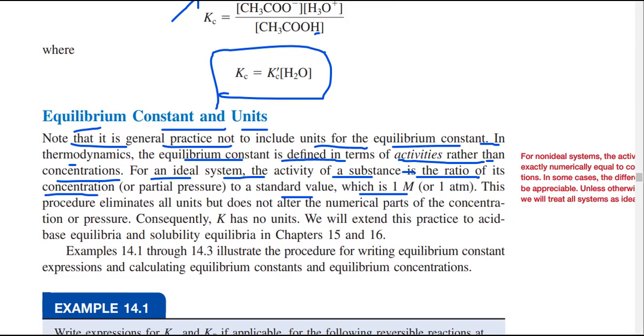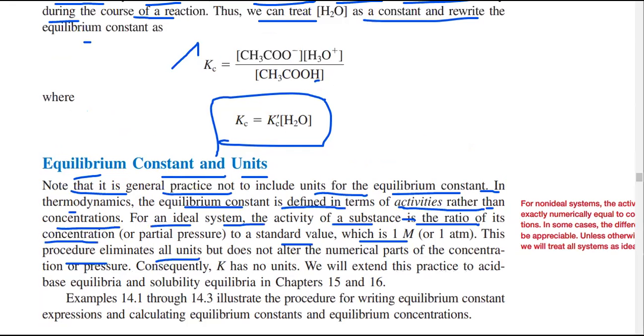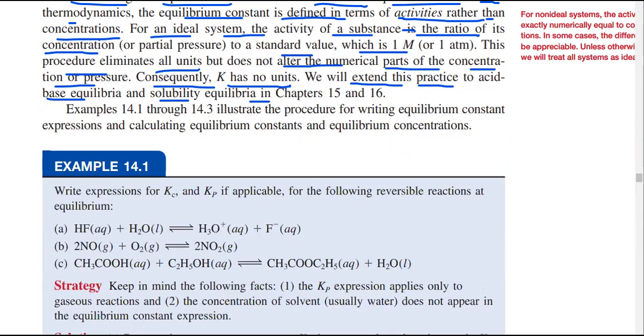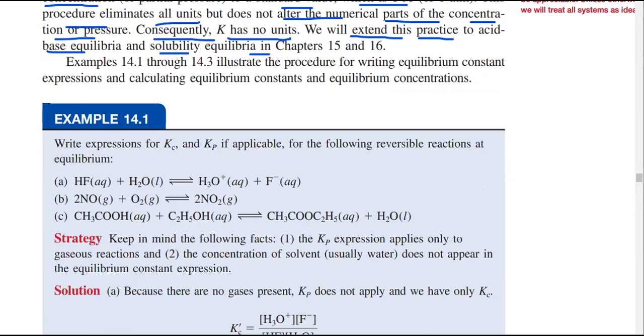This procedure eliminates all the units but does not alter the numerical parts of concentrations or pressures. Consequently, K has no units, and we will extend this practice to acid-base equilibria and solubility equilibria in the next chapters.